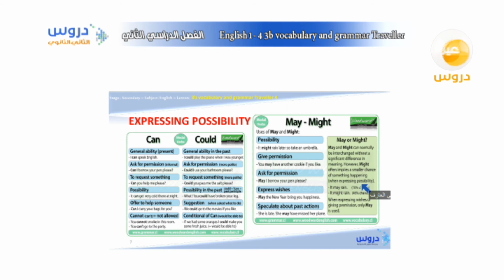So when expressing wishes or giving permission, only may is used. So you cannot say, might Allah give you happiness. Only with wishes we use may. May Allah forgive us all. May the new year be good for you. And so on. You have to remember this table to know when to use can and could and when to use may and might.